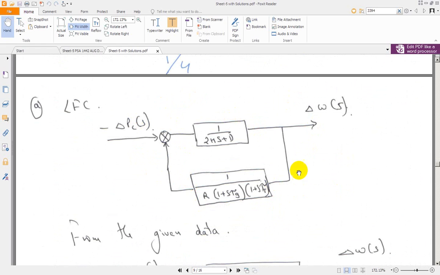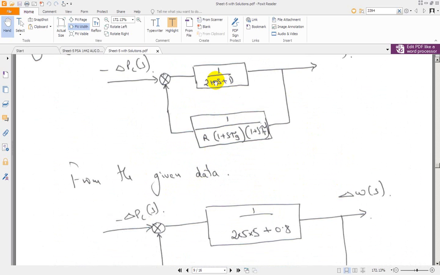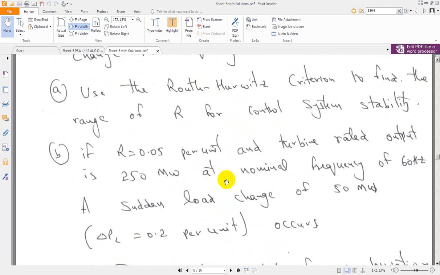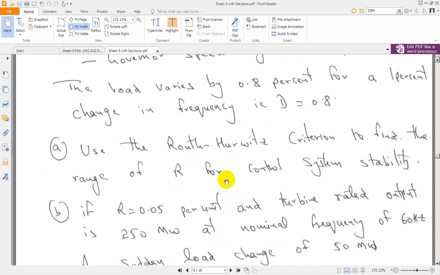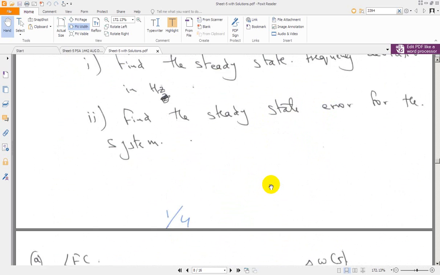This is the single line block diagram of the load frequency control system. Substitute the values of H, tau g, tau t. The H value is given in the problem, H is equal to 5 seconds.